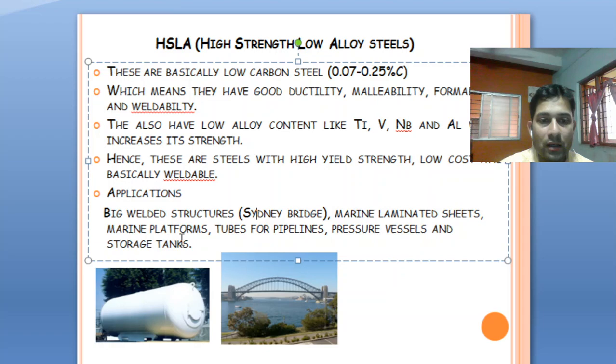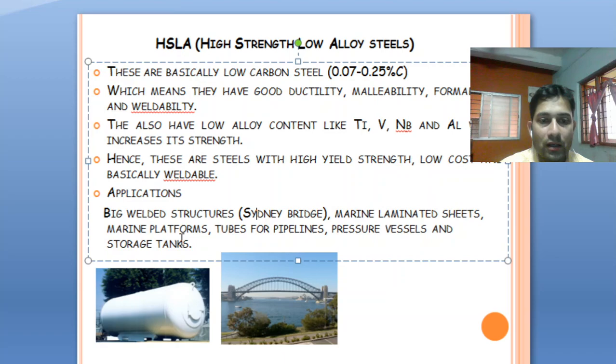Next we'll go ahead with the discussion about the effect of alloying elements on the properties of steels. You have seen from the discussion that alloying elements, when added to the steel, definitely change its properties. For example, in stainless steel, the alloying element chromium makes the steel stainless. Similarly, addition of silicon will increase the machinability of the steel.